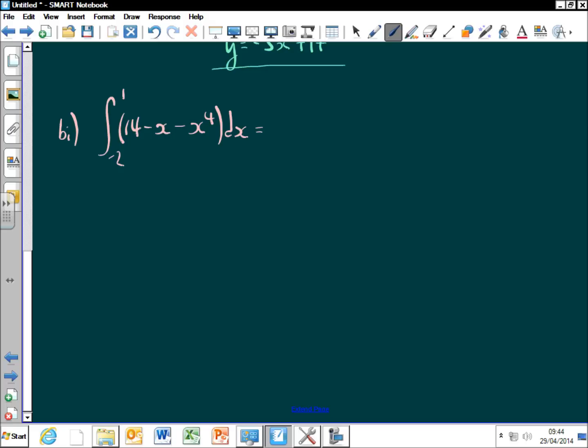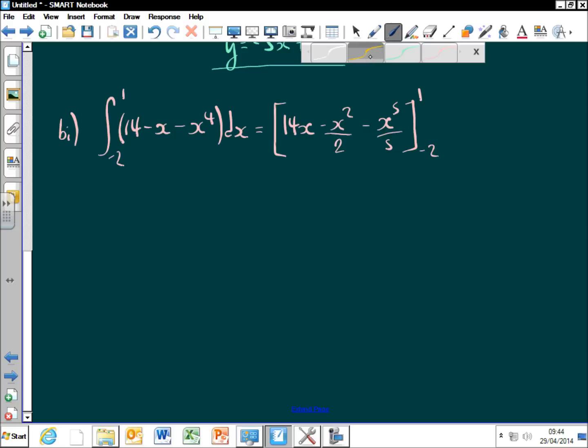Okay, so the 14 is going to go to 14x. The minus x is going to go to -x squared. The power goes up by 1 and divide by the new power. And again, the power goes up by 1, I divide by the new power, and I've got to sub in these limits, 1, -2.